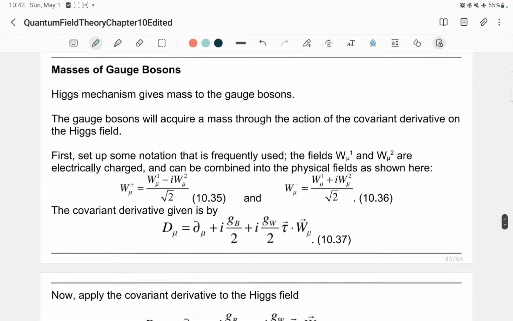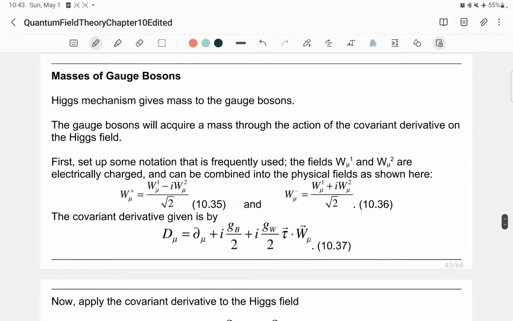Now we will go to the masses of the gauge bosons. Now let's calculate the masses of the gauge bosons through the Higgs mechanism. So they will acquire masses through the action of the covariant derivative on the Higgs field. So again, as you can see from here, even the W plus and the W minus are combinations of W mu 1 and W mu 2.